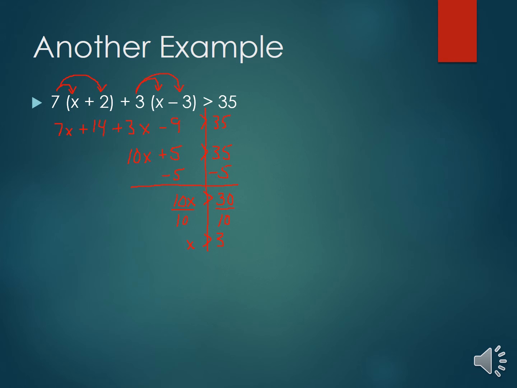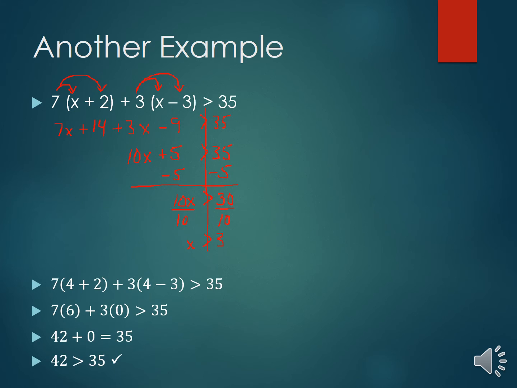So 7x plus 14 plus 3x minus 9 is greater than 35. I then combine like terms to get 10x plus 5 is greater than 35. Subtract 5 from both sides to get 10x greater than 30, and divide by 10 to get x greater than 3. The check is below. This time I used 4, because 4 is greater than 3.